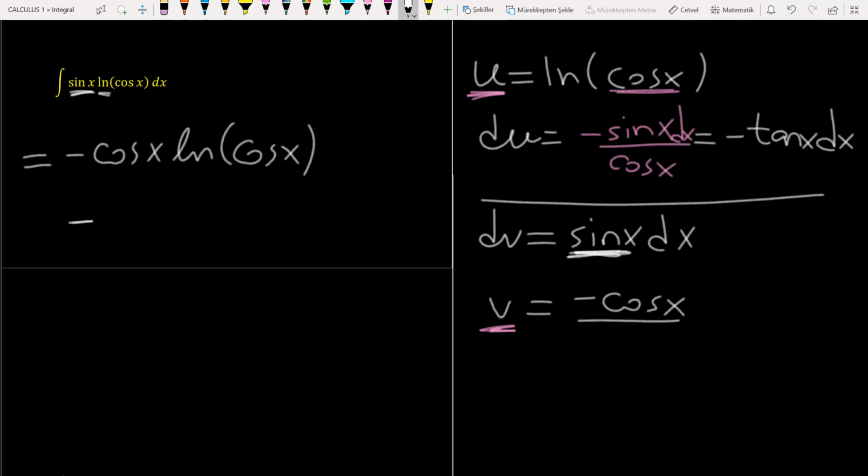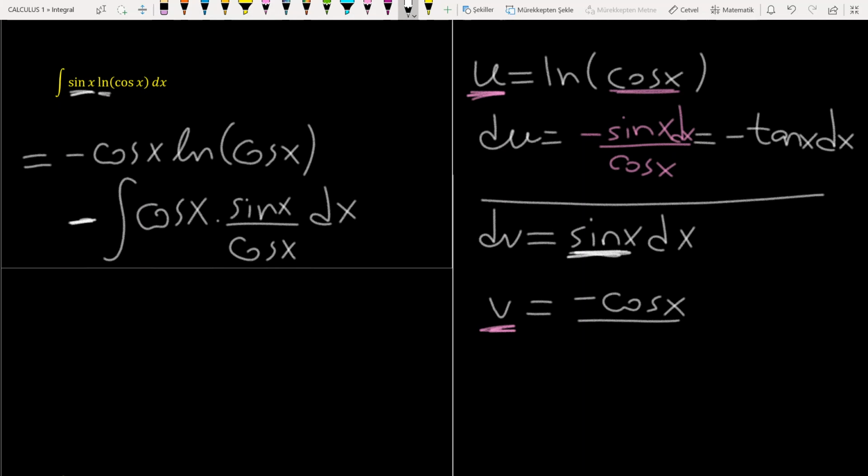Okay, so it means, let me write down the integral v du. Minus becomes minus, cosine x times tangent x, which is sine x over cosine x dx.